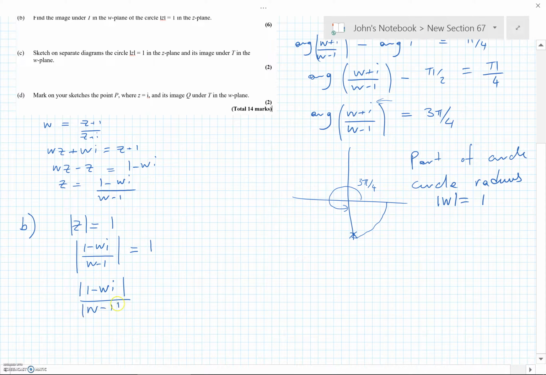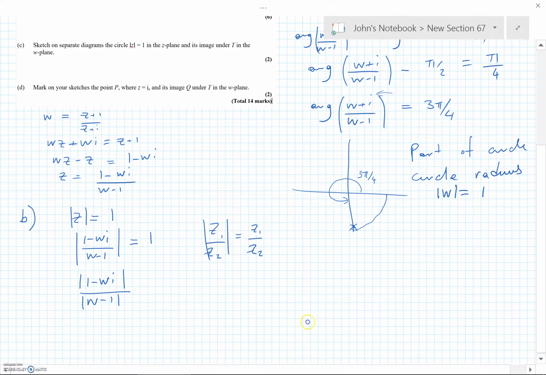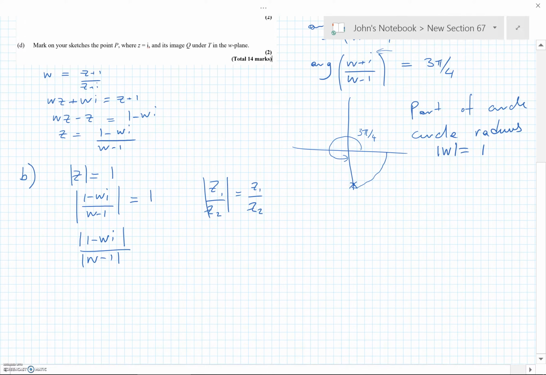Again, I'm using modulus properties here, namely that z1 over z2, or w1 over w2, is equal to mod z1 over mod z2. So that's equal to 1. So we've got mod 1 minus wi equals mod w minus 1.